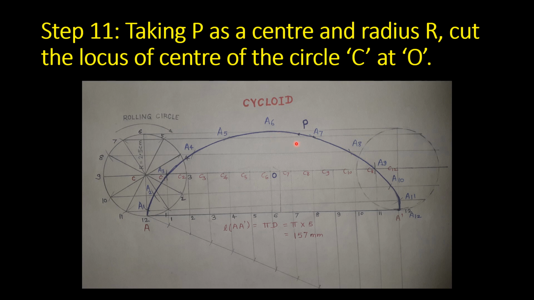I have chosen this particular location, so I have marked here point P, and considering P as a center and taking radius R equal to 25 mm, mark a cut on this straight line. It is labeled as O.